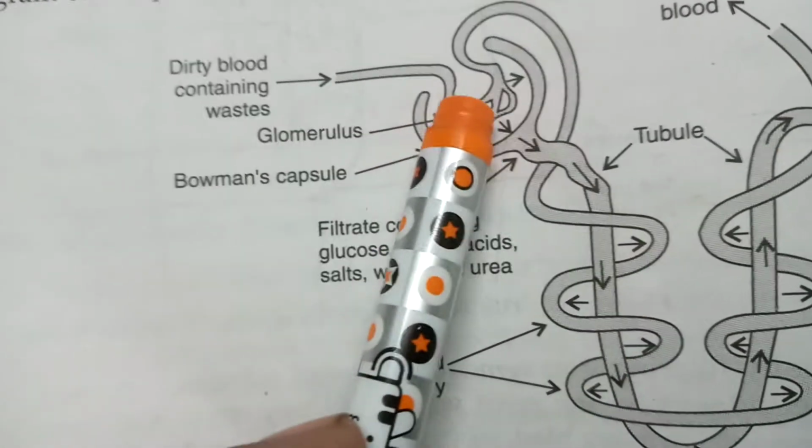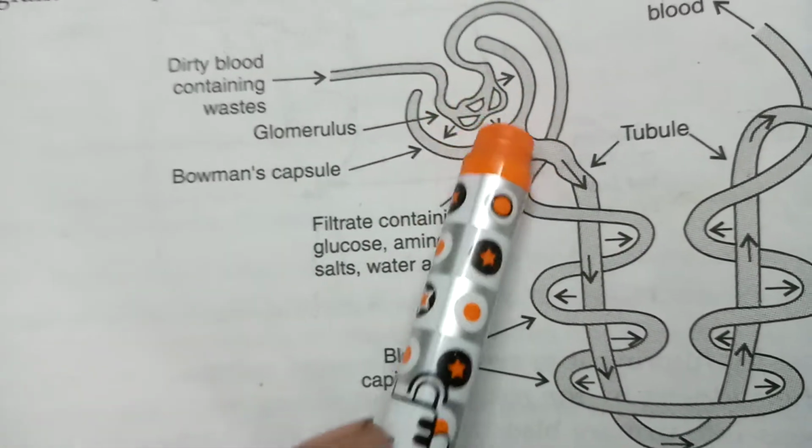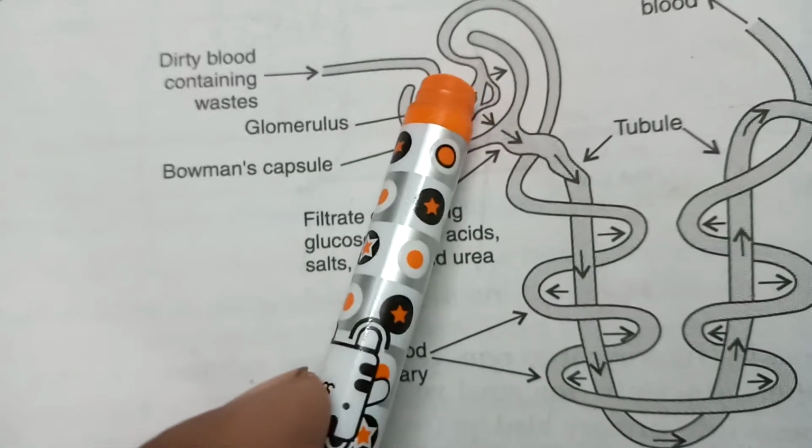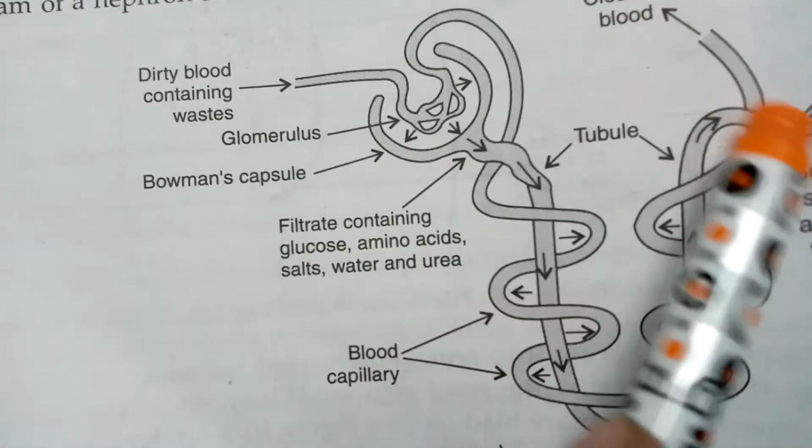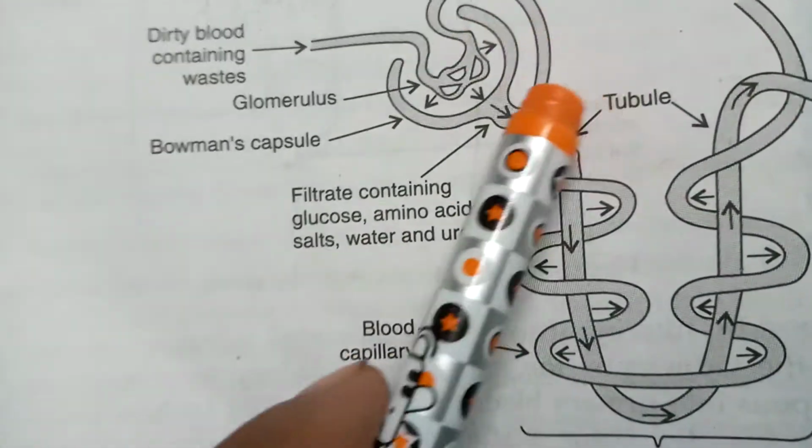But big molecules like protein do not come through, so they are left behind in the blood and go to the renal vein.